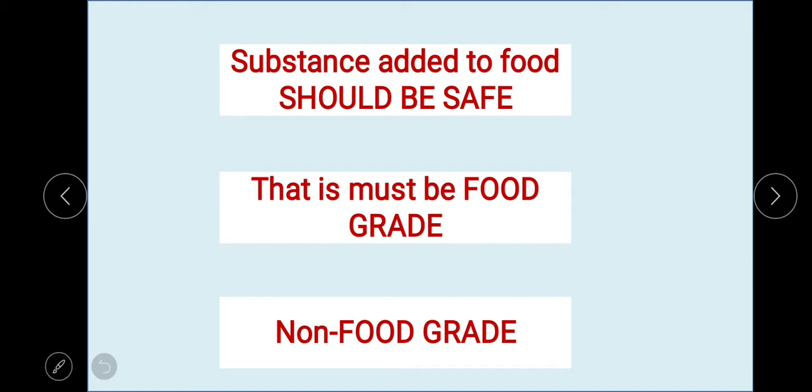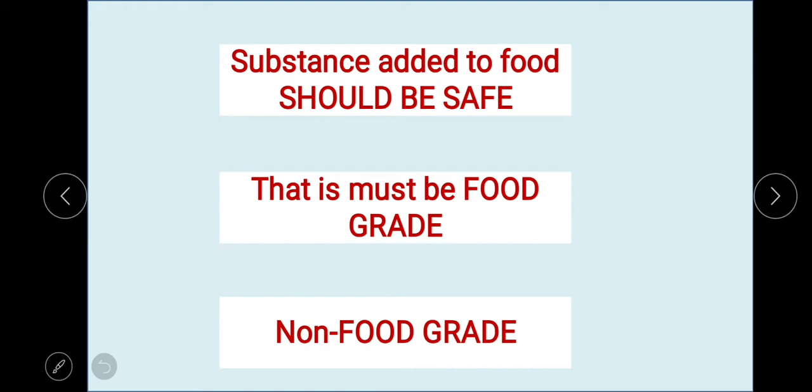Now, because we are dealing with food that contains a lot of compounds, we need to study the food grade of different substances, no? The substances being food grade and being not food grade.